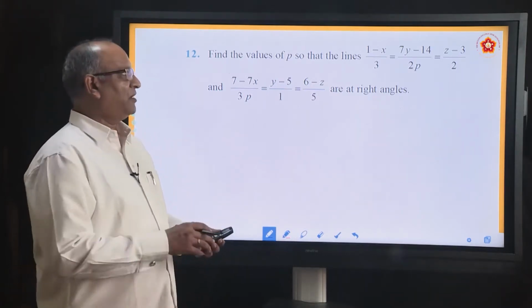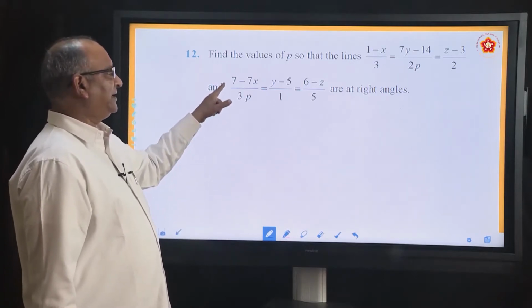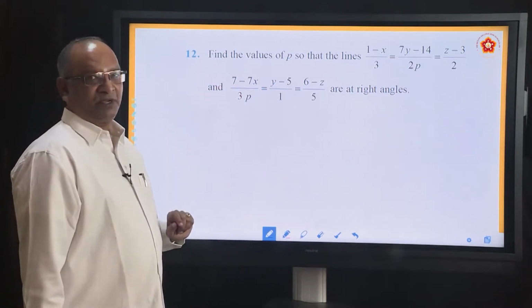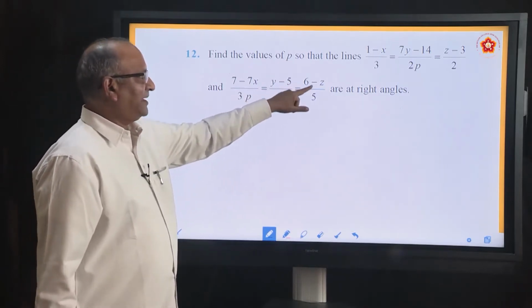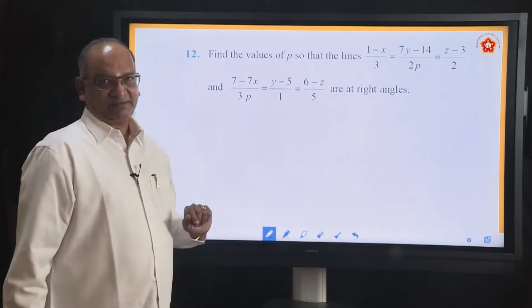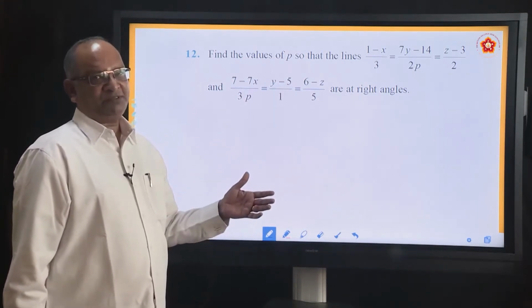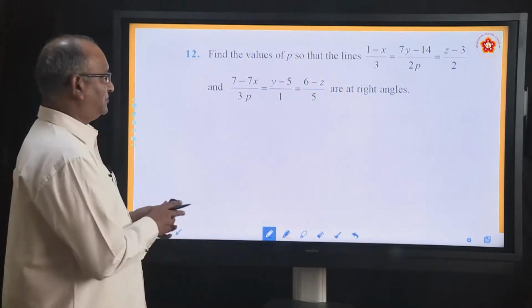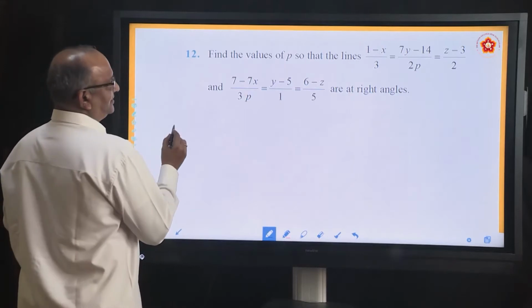The standard form is x minus x1, but you can see here it is 7 minus 7x. It is not x minus x1. Similarly, 6 minus z, it should be z minus. So what we do is, before you solve the problems, bring them into standard form. Writing the equations of lines in standard form.